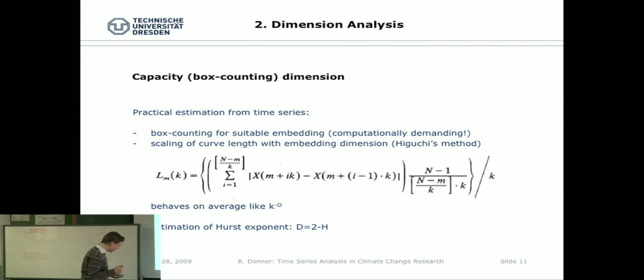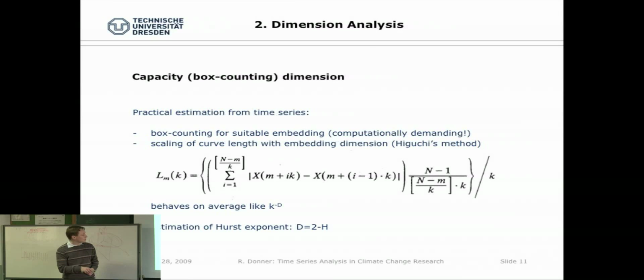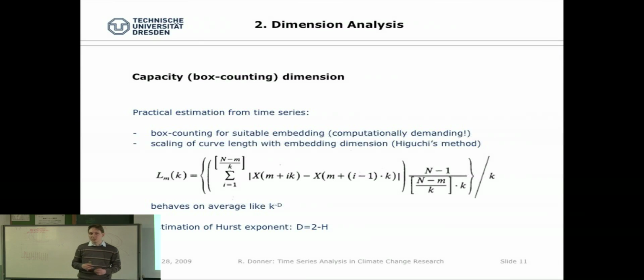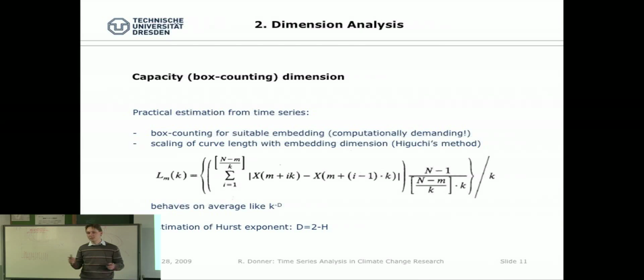There's also a third possibility, and it's a bit of a pity that I had to skip or go quickly through this point in my first lecture this morning. You can also estimate the scaling behavior in a time series in terms of the Hurst exponent. The Hurst exponent, just to remind you, quantifies whether or not there is long-term persistence in our time series.